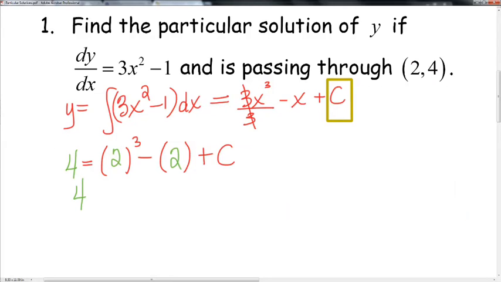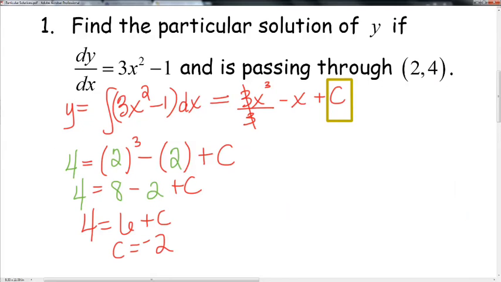So 4 is equal to 8 minus 2 plus c. And so 4 is equal to 6 plus c. That means c has to be negative 2.